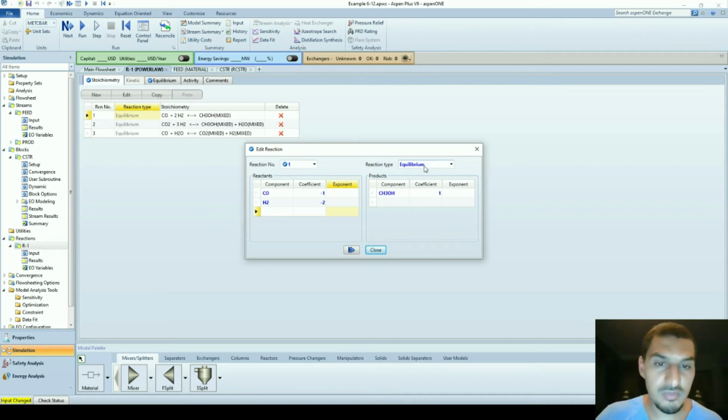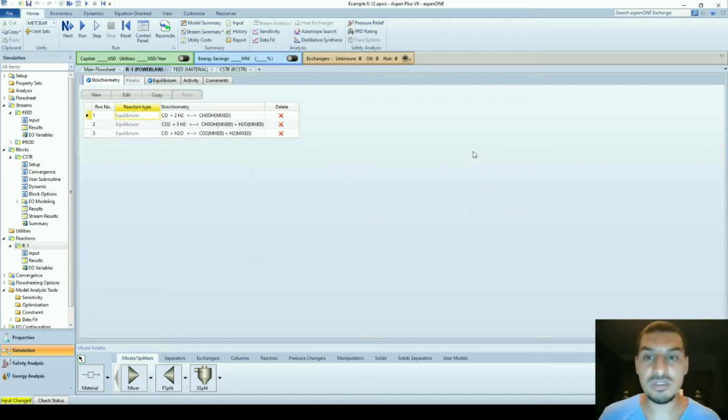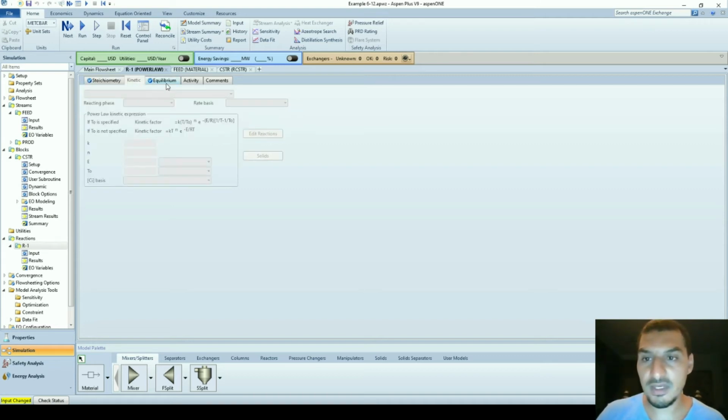By choosing the equilibrium, I'm telling the software that I want the reaction to go until it reaches equilibrium. So there is no time related thing. It's all related to the equilibrium conditions or the equilibrium conversion that I will reach. So this is why there was no information provided about the reaction kinetics, and as I said, the kinetic tab is all inactive.